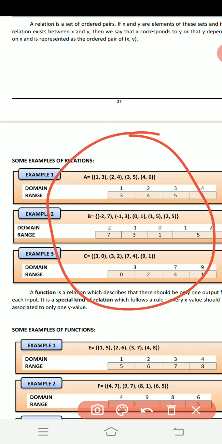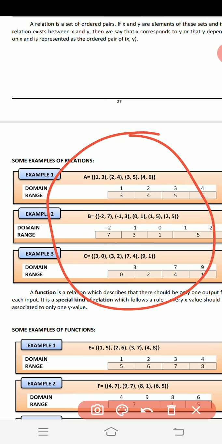Kasi all functions are relations, but not all relations are functions. Kung sa Tagalog, hindi lahat ng relasyon ay nagwa-function. Siyempre pag nag-function, relation ang tawag doon.